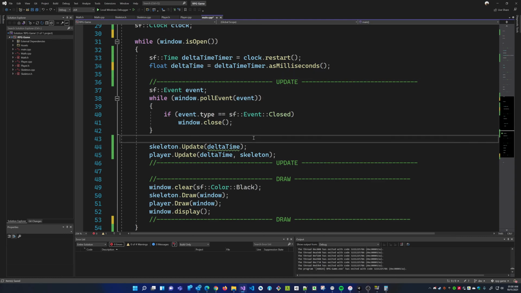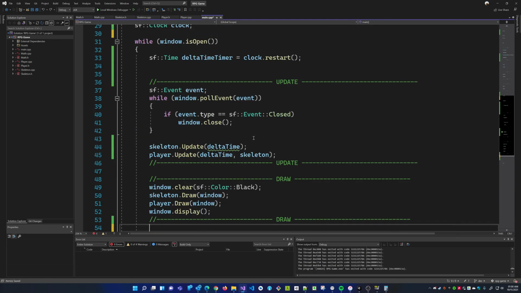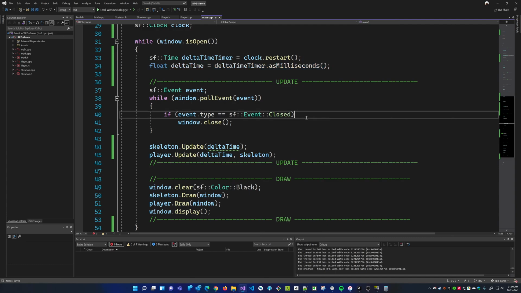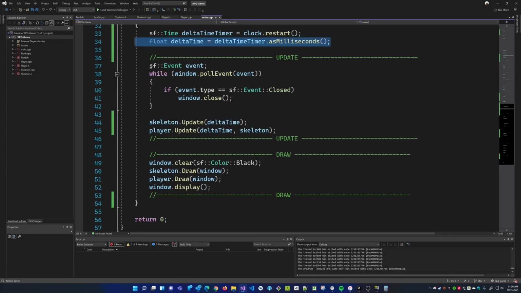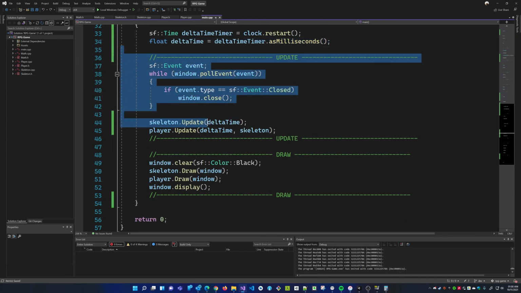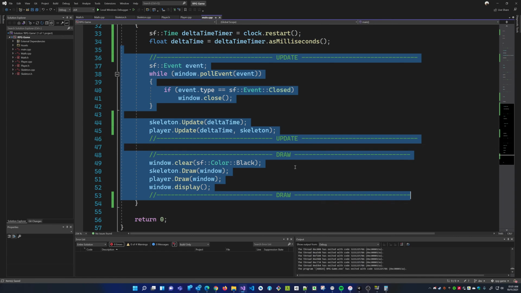Okay, let me explain this one more time. What I am doing here is I start my frame, I start my loop. I restart my clock to 0. I go through my loop, I go through my first frame.